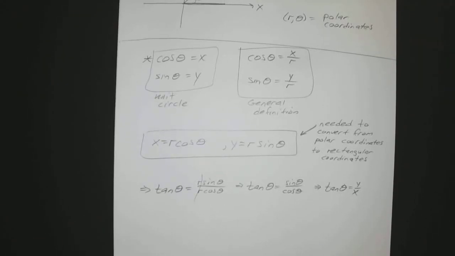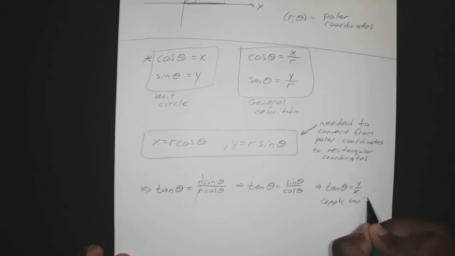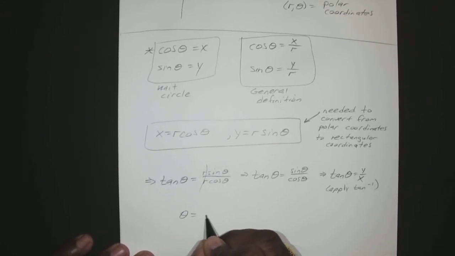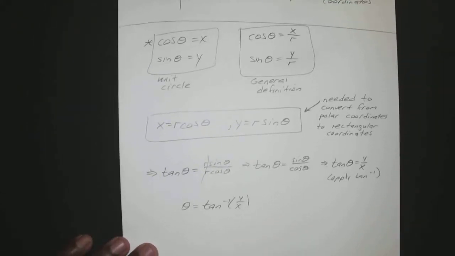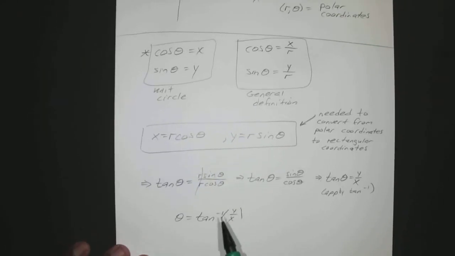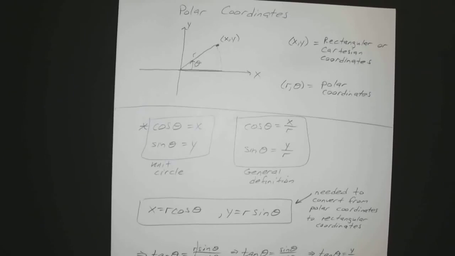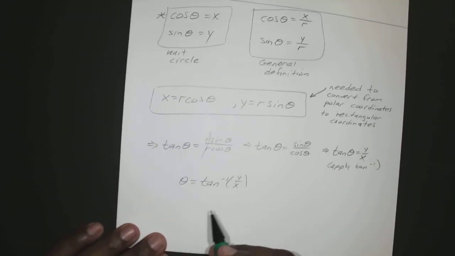Now, if we apply tangent inverse to both sides, we end up with tangent inverse and tangent cancels out. So we have theta equals the tangent inverse of y over x. And we also know that our radius, just looking at kind of the right triangle that's created up here, you have x squared plus y squared equals the radius squared.